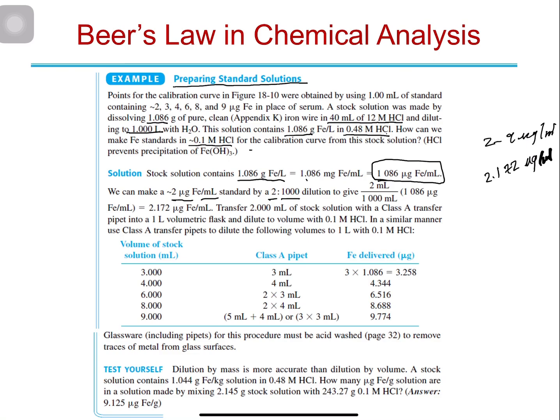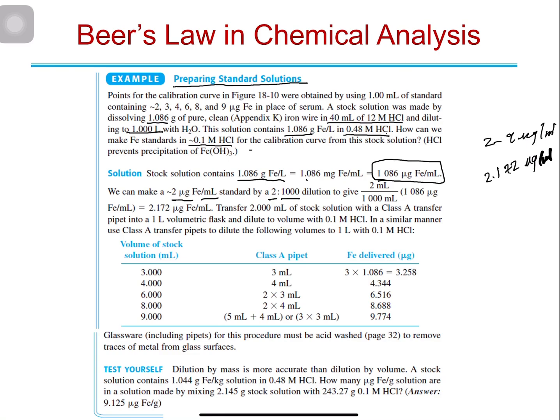It's not going to be exactly 2 microgram per ml, but we will create the calibration curve based on the corrected concentrations as we have calculated them. That means we will take 2 ml from our standard solution, and then we will dilute this standard into 1 liter. And now the concentration will be almost 2 microgram per ml.